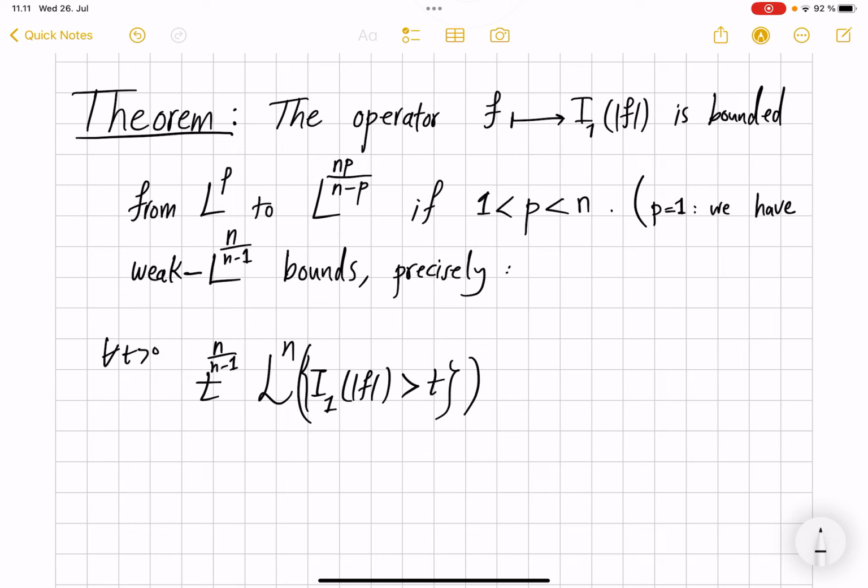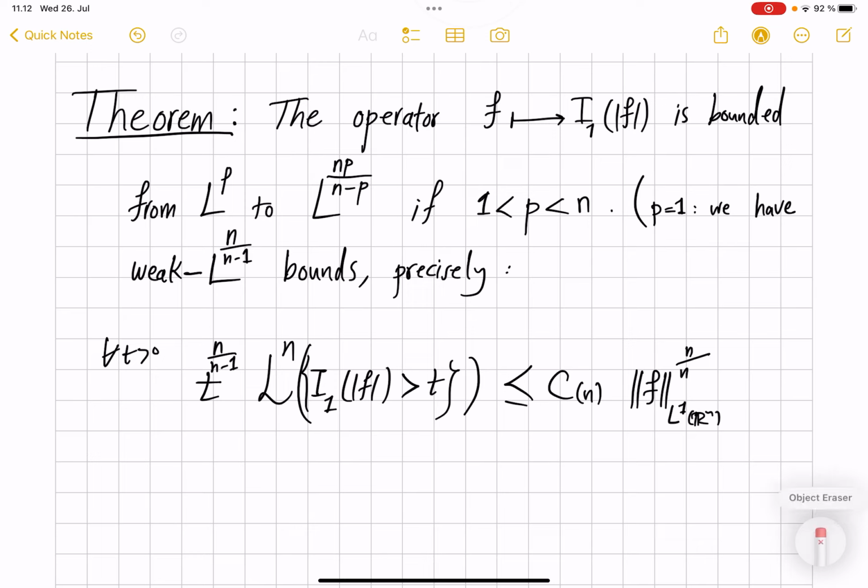So this is as if we are talking about the integral of this function to the power n over n minus 1. Compare it to this: the value of the function to the power n over n minus 1 times this set, which is almost like the n over n minus 1 integral of that, will be no larger than some constant which only depends on the dimension n, times the L1 norm of f to the power n over n minus 1.